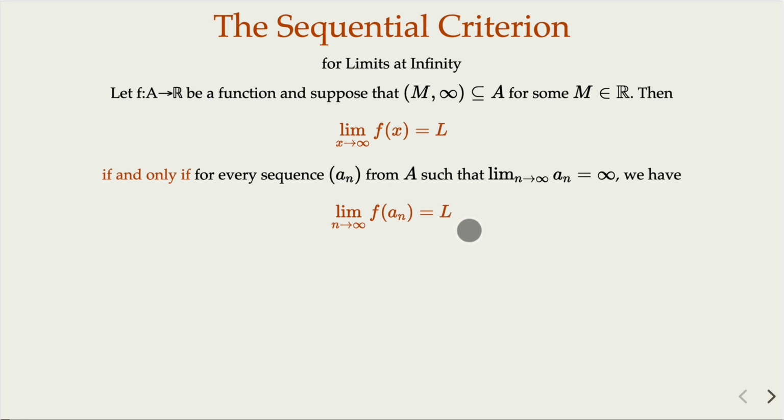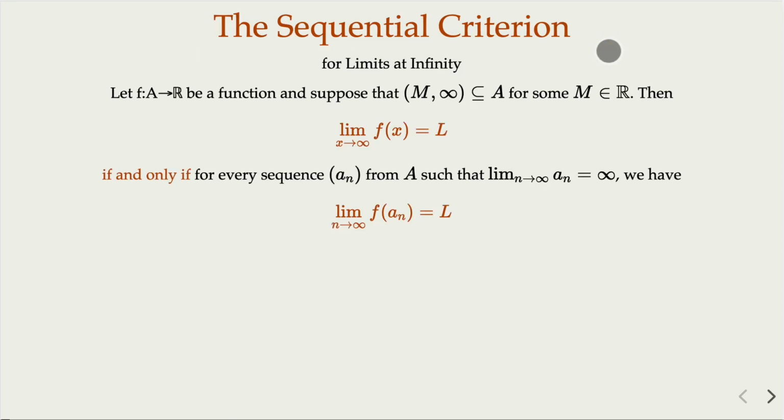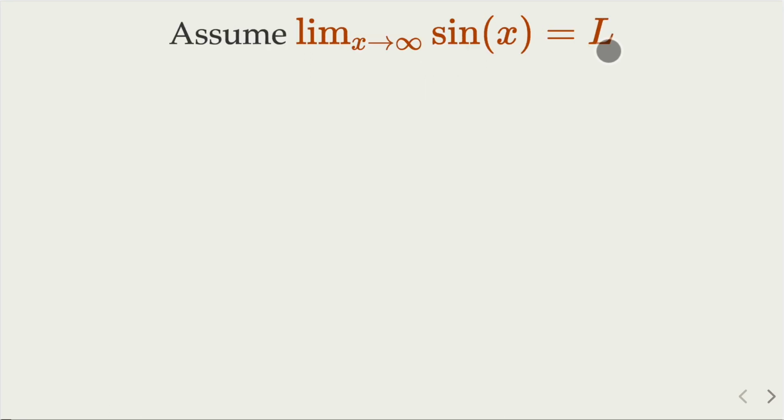What we can do is assume it exists, and using this property, derive a contradiction. Let's go. Assume the limit exists and the value is L. By the sequential criterion, we define a sequence a_n = 2n pi.